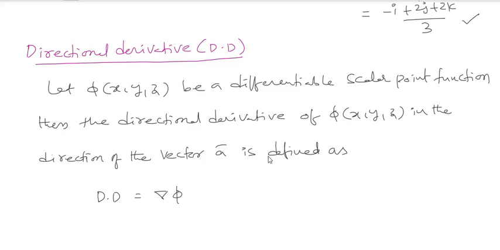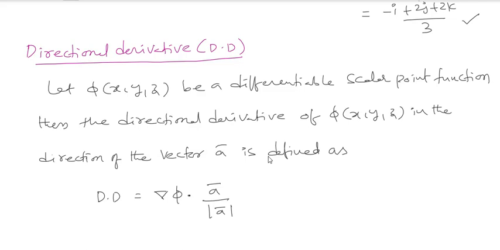Del φ. Earlier we just calculated only that, but they had given the directional derivative. So del φ · a bar by mod a bar, that is the directional derivative.